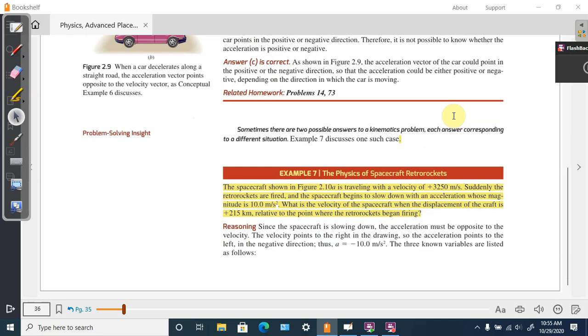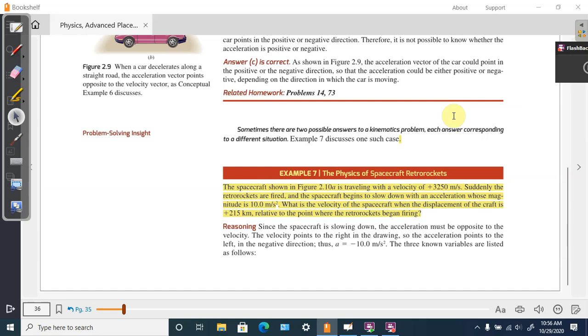Example 7 gets pretty lengthy and a little bit complicated. In example 7, it says the physics of a spacecraft retro rockets. Retro rockets are basically just rockets that fire in the opposite direction to slow something down. The spacecraft shown in 2.1a, which I'll show you on the next page, is traveling with a velocity of positive 3,250 meters per second.